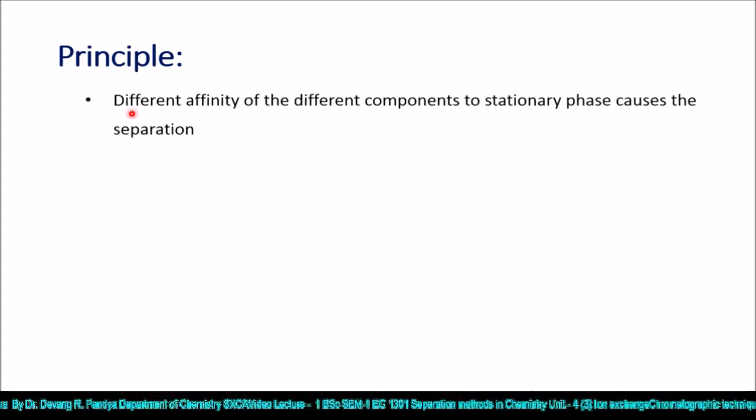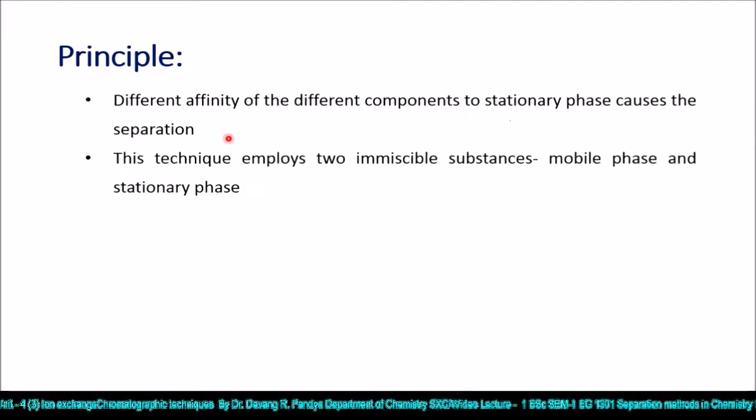Opposite charges attract each other, similar charges repel each other. So different ions have different affinity, and that concept has been utilized in ion exchange chromatography, that different affinity of different components to the stationary phase causes the separation, and that is how the separation takes place.